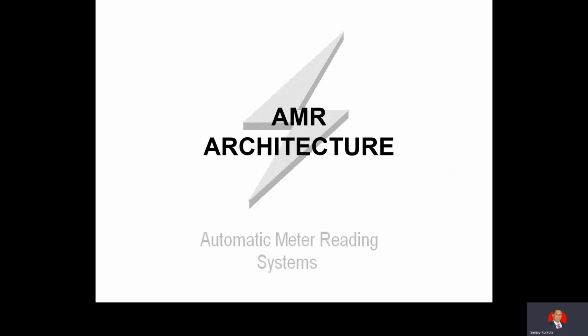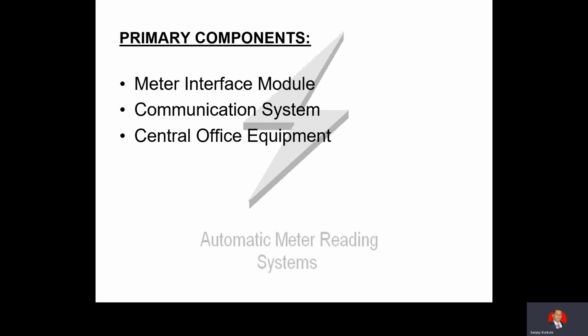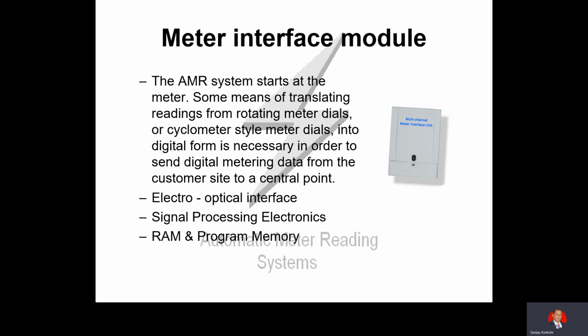Then the AMR architecture. Here you will find that a meter interface module will be there, then a communication system, and lastly a central office equipment system. So these will be the basic blocks in this type of AMR system.